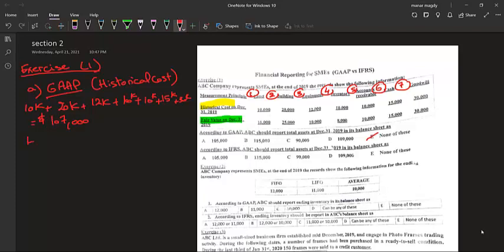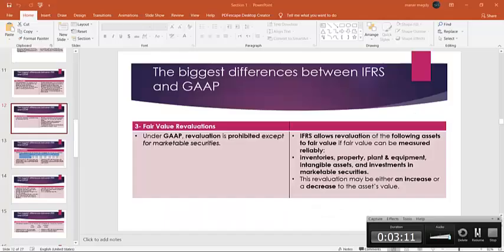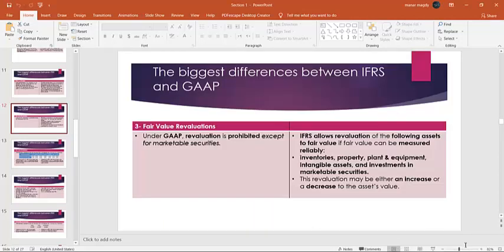And if we're going to apply IFRS, if we refer back to the rules regarding fair value revaluations, we find that IFRS allows revaluing its assets from historical cost to fair value.